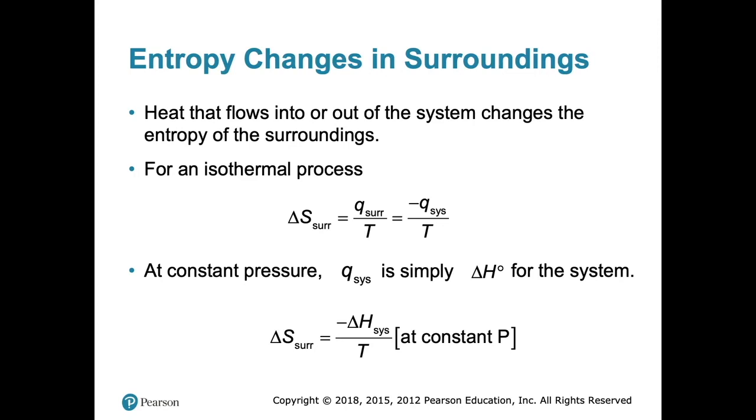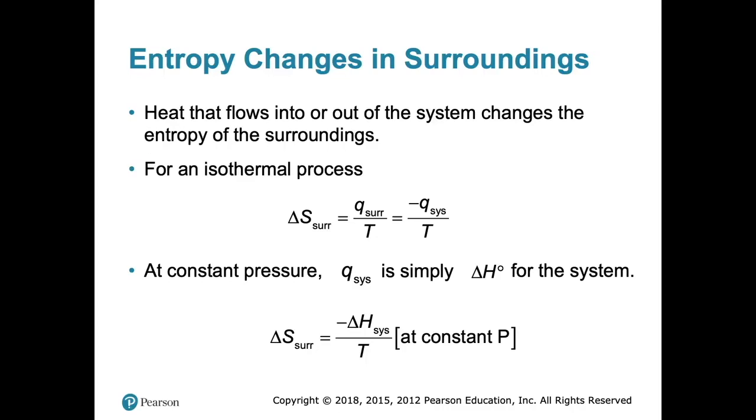Heat flows in and out of systems, and that changes the entropy of the surroundings. For an isothermal process, iso means same and thermal means temperature, the change in the surroundings' entropy is equal to Q, the heat being transferred from the surroundings, over the temperature, which also equals minus Q of the system over temperature.